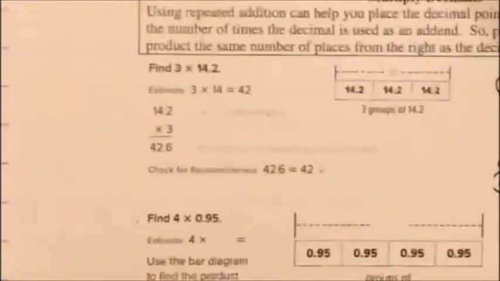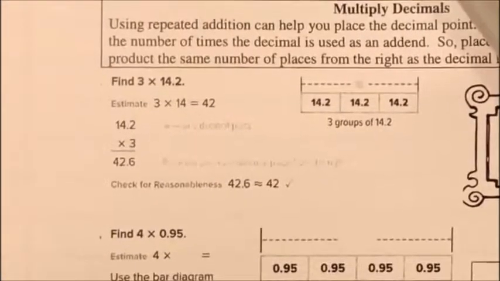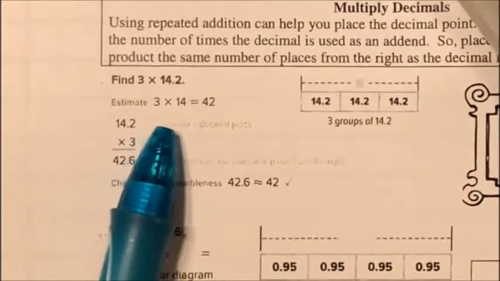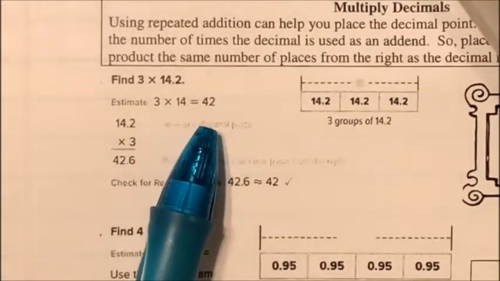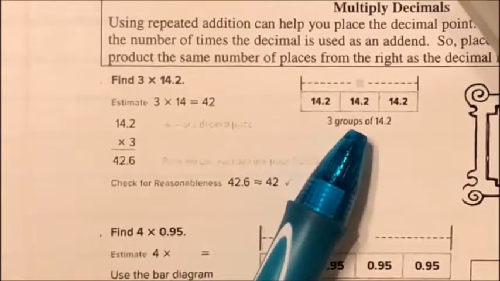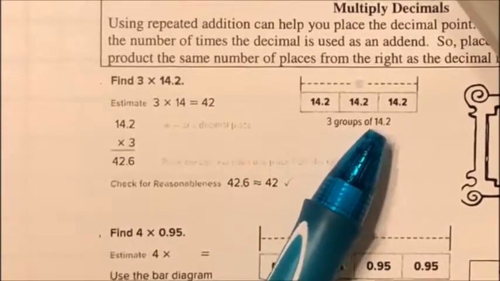Okay, if I look at some examples here, the first example says find 3 times 14.2. I can estimate: 3 times 14 gives me approximately 42. Or I can say 14.2 plus 14.2 plus 14.2 and see what I get.